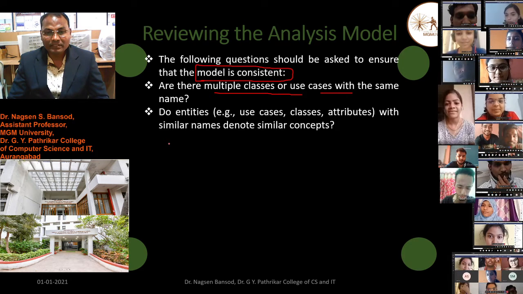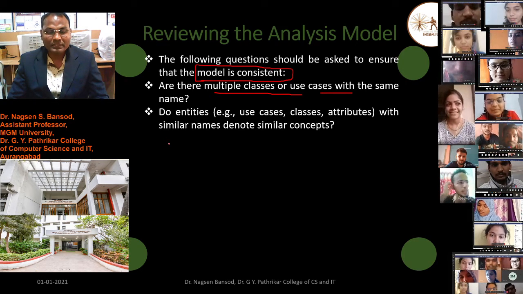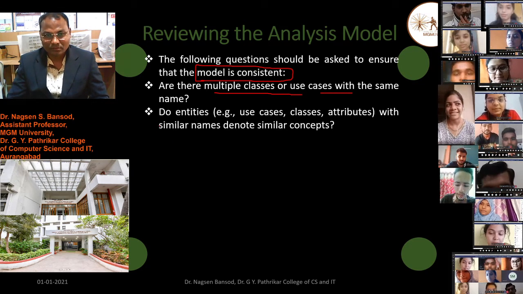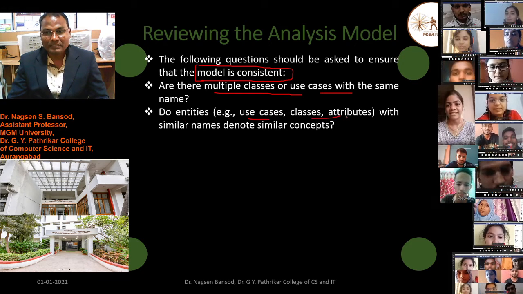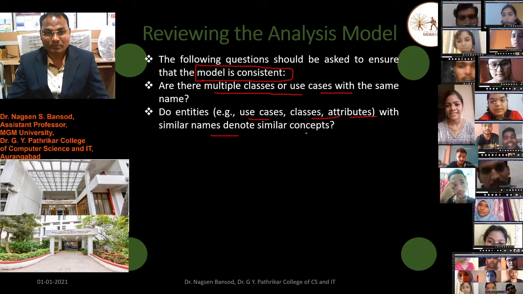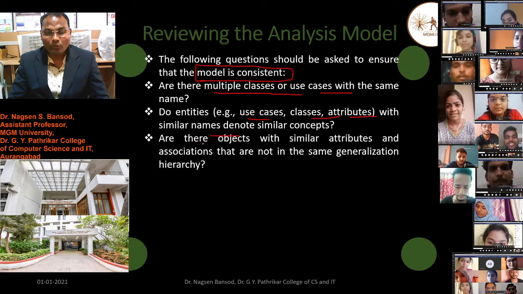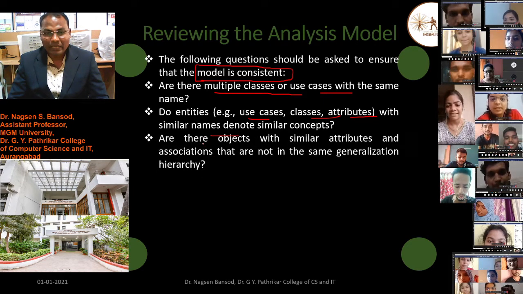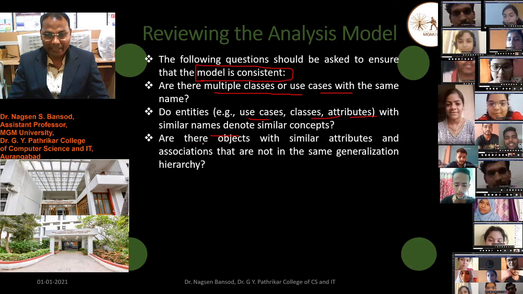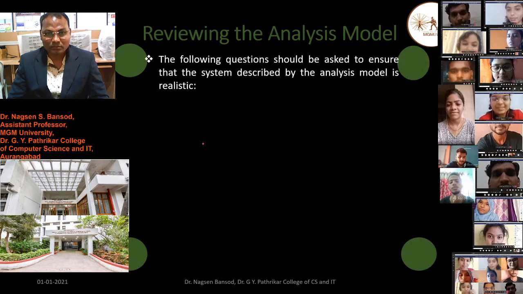Do entities, use cases, classes, and attributes with similar names denote similar concepts? Are there objects with similar attributes and associations that are not in the same generalization hierarchy? These questions we have to ask.